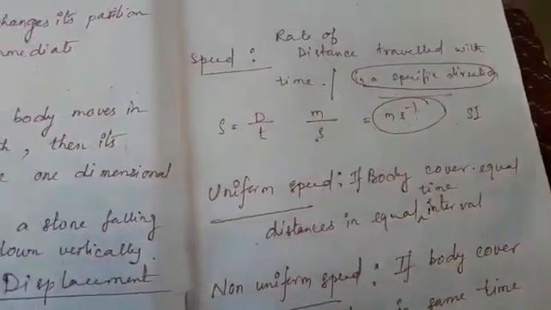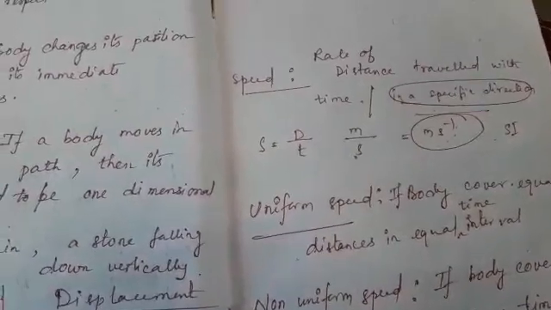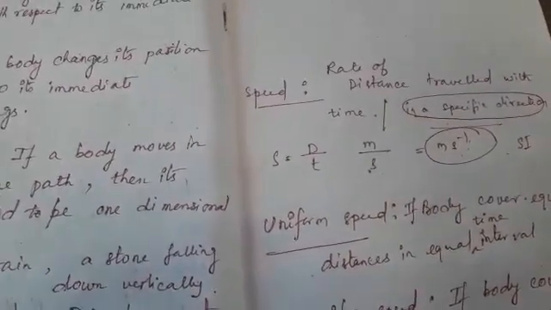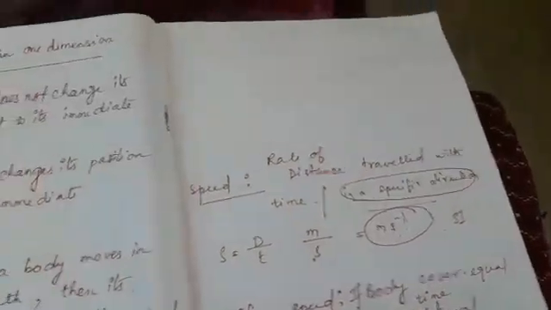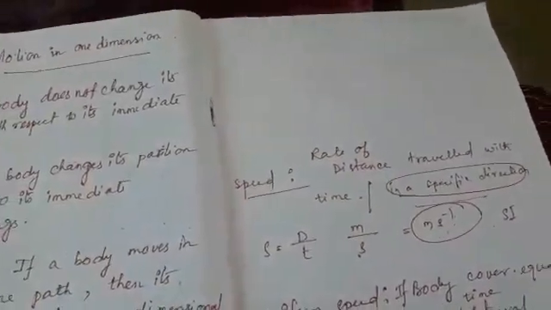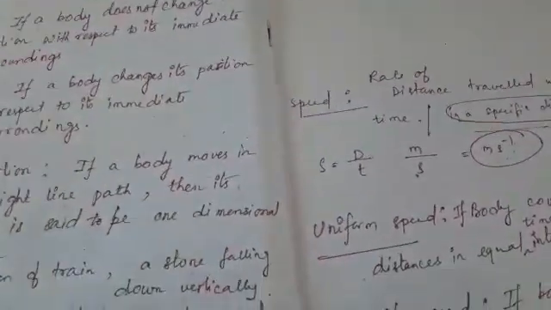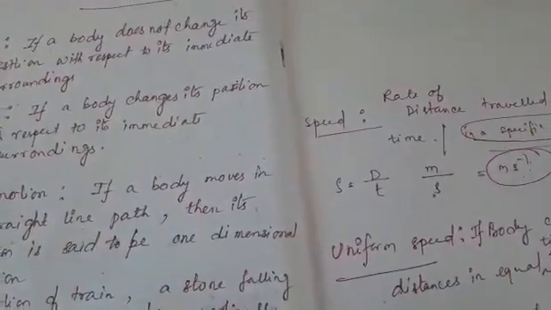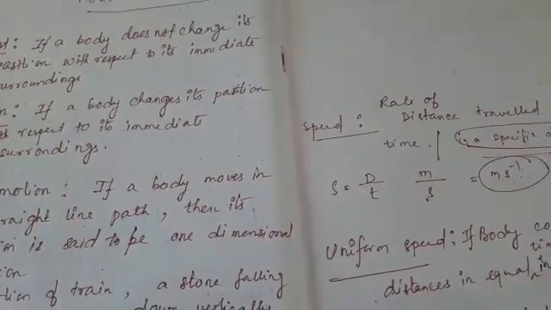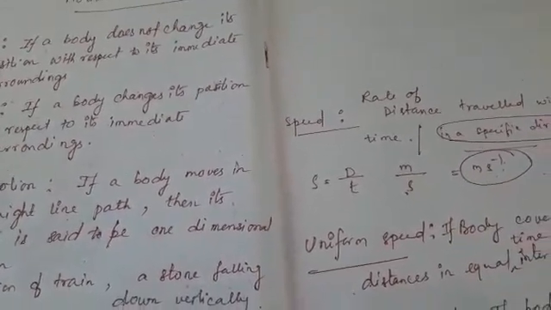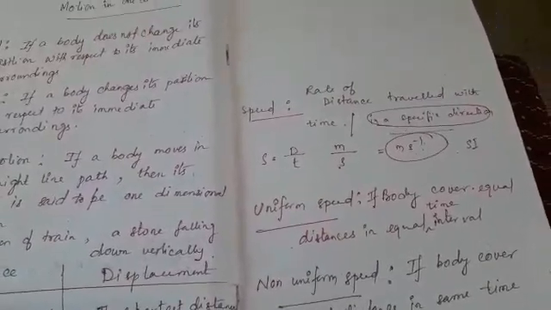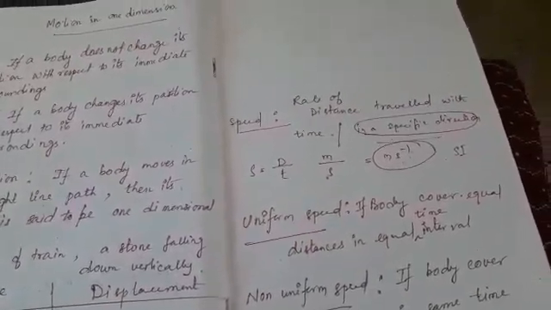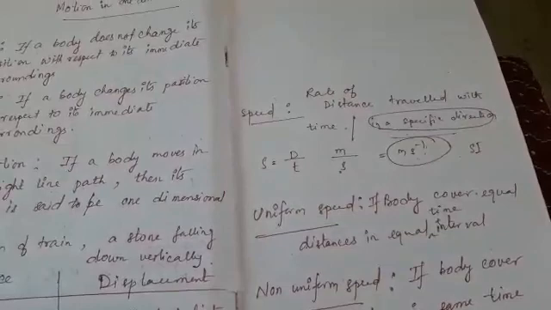So since velocity has direction, it is a vector quantity, and speed does not have direction, it is a scalar quantity. So this is the difference between speed and velocity also. And all the scalar quantities will be positive or zero, whereas vector quantities can be positive, negative as well as zero. Since they have direction, it can be in opposite direction also. So in that case it can be negative also.